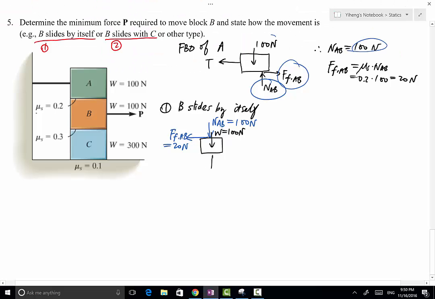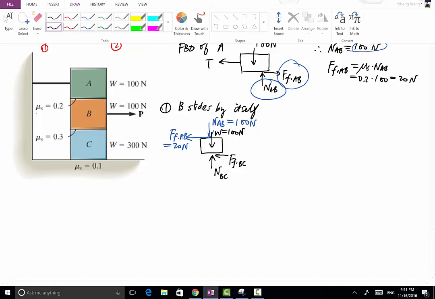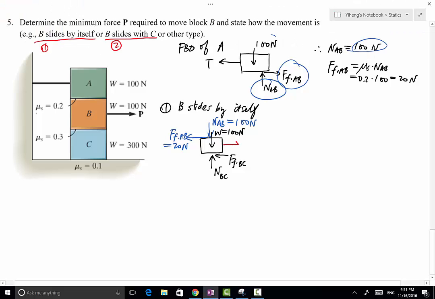We will have the normal force from block C to block B. And because block B is moving to the right with respect to block C, the frictional force between them is to the left, because the relative motion of B with respect to C is to the right. And then don't forget the force we need to solve for, which is this P force here. Let's call it P1. So now we have completed the free body diagram.